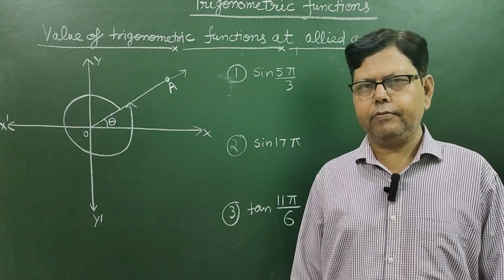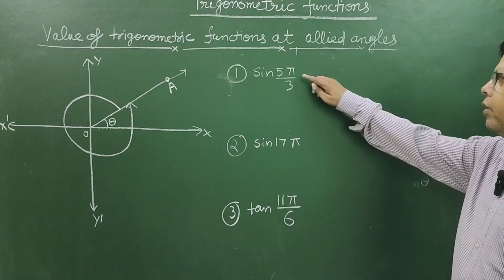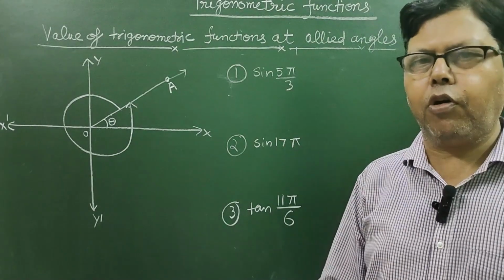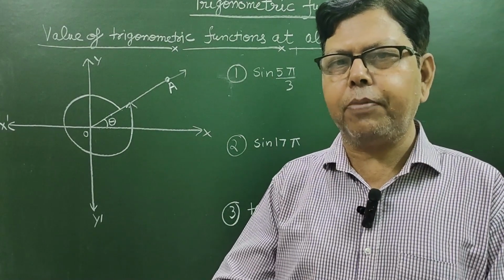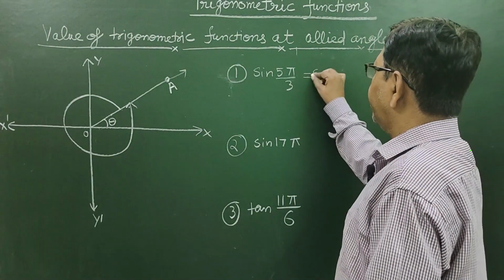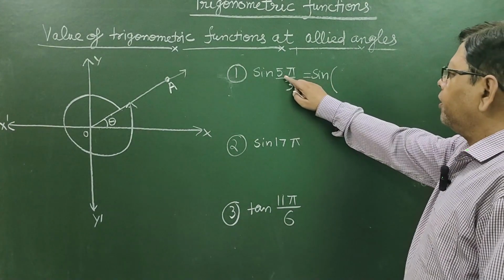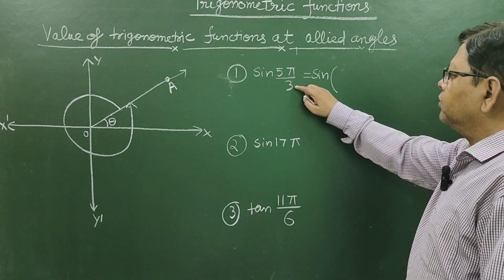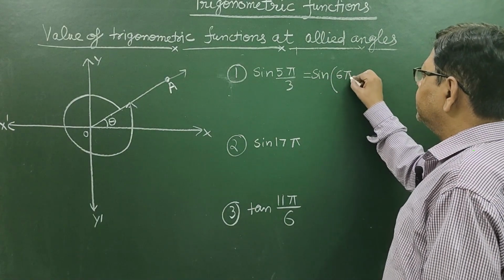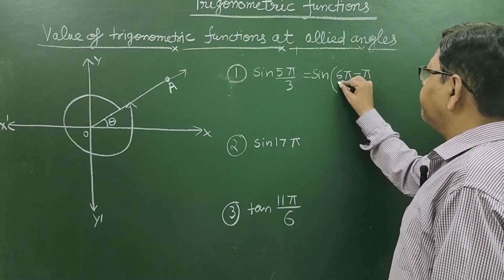Now let us find the value of sin 5 pi upon 3. I will bring this angle in the form of 2n pi plus minus theta. So this is equal to sine. If I want to bring 2 pi here, I will write some multiple of 3 which gives a multiple of 2, that is 6 pi minus pi. 6 pi minus pi is 5 pi upon 3.